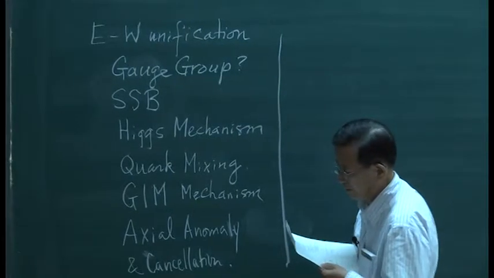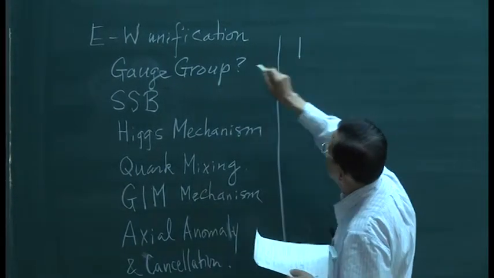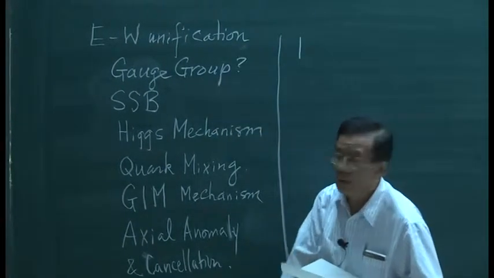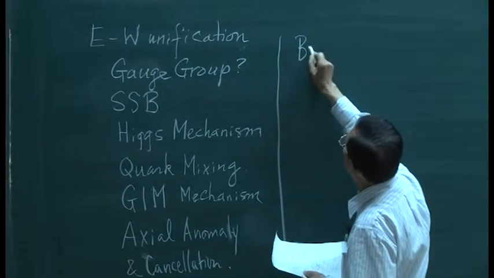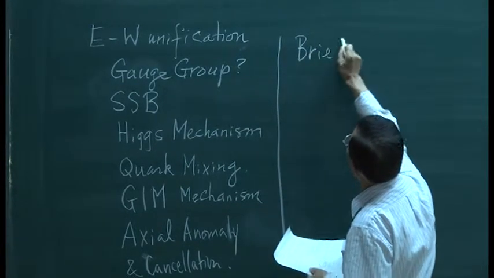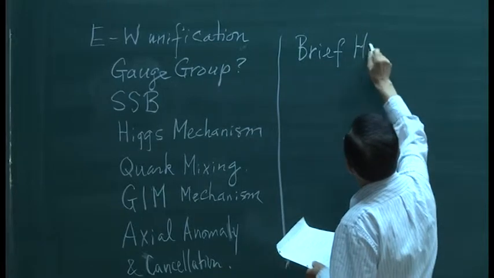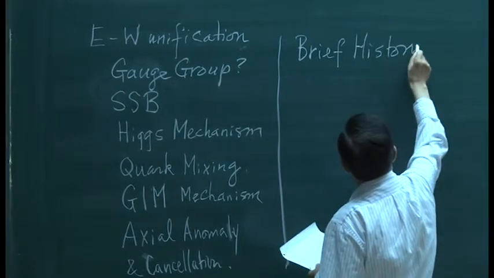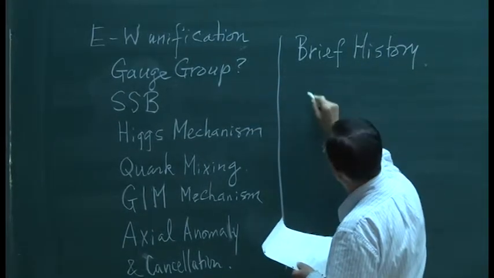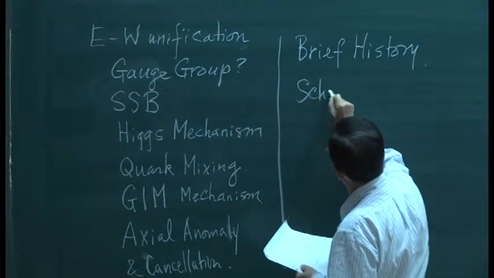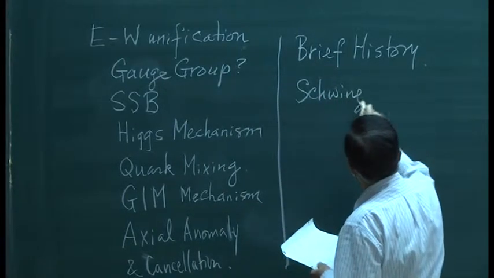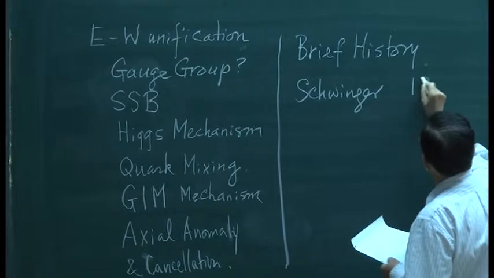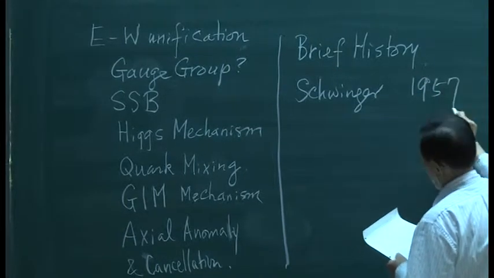So let's start with a brief history of the electroweak unification. Schwinger was probably the first one. This was in 1957.